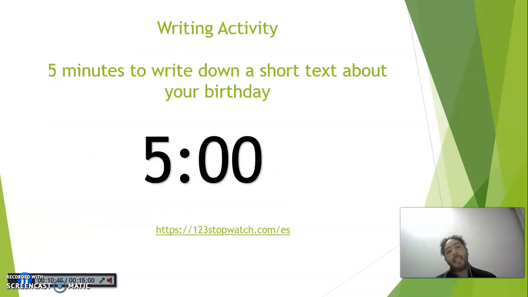And finally, I think to produce a writing exercise, they understand the vocabulary, also the pronunciation, but I place a chronometer, and in 5 minutes they need to write down a short text about their birthday.